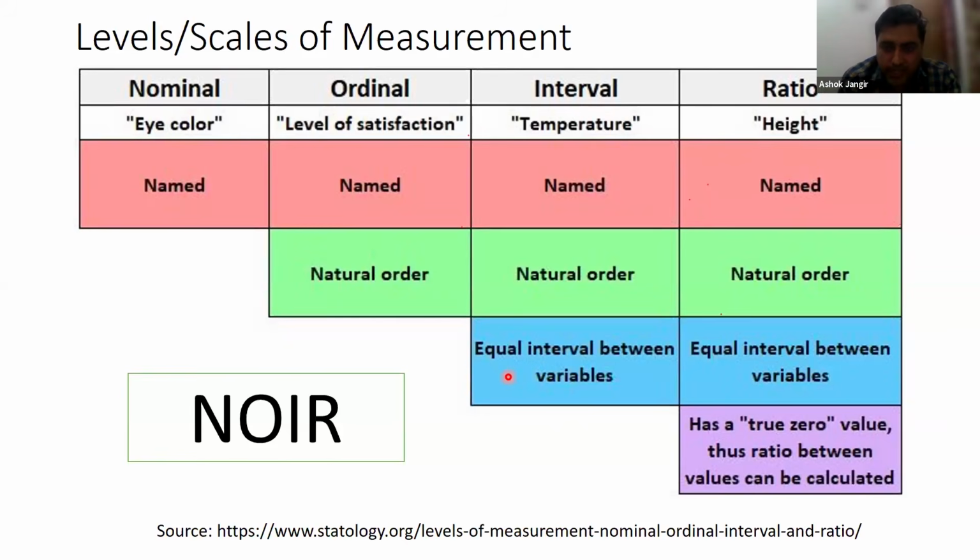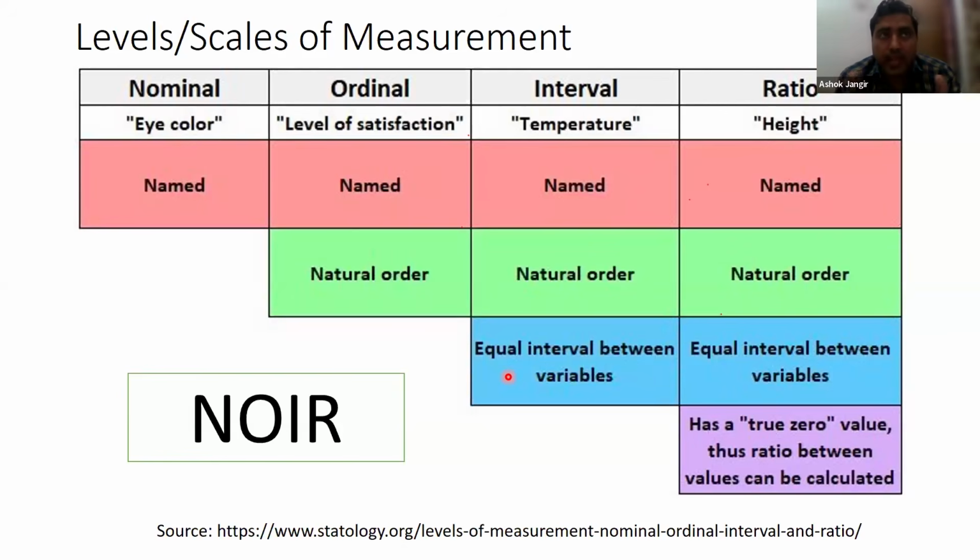So we can say the second is twice as long compared to the first. But if one room temperature is 10 centigrade and the second room temperature is 20 centigrade, we cannot say the second room is double hot compared to room 1.